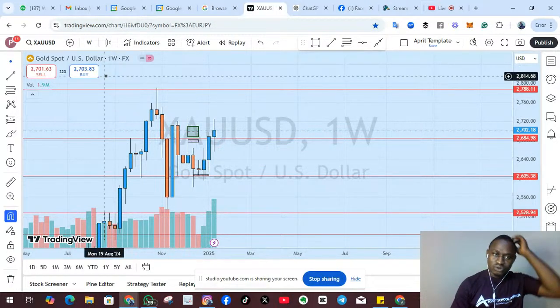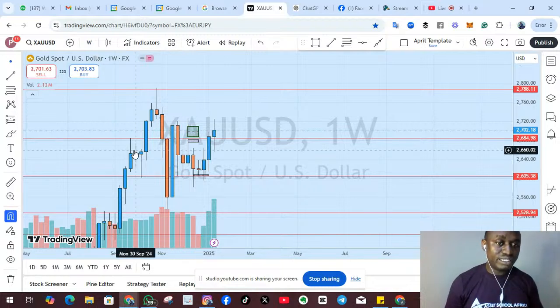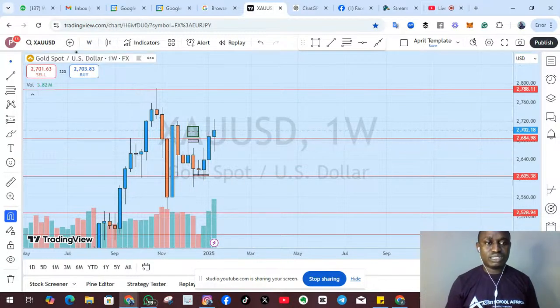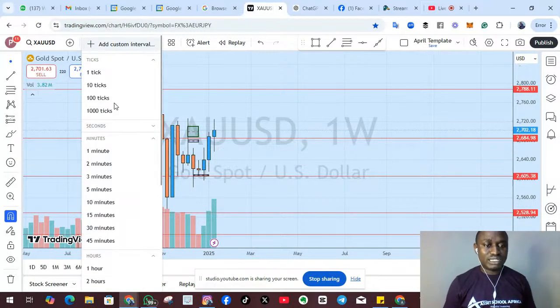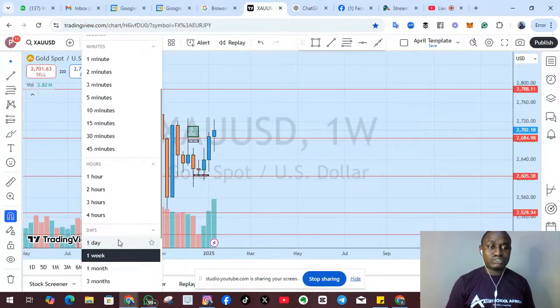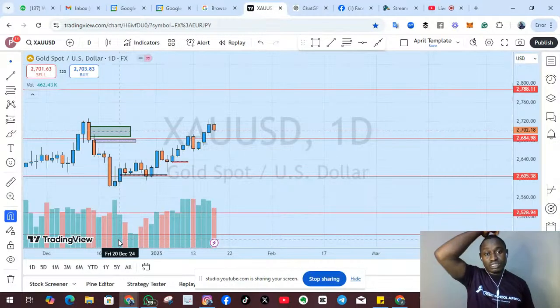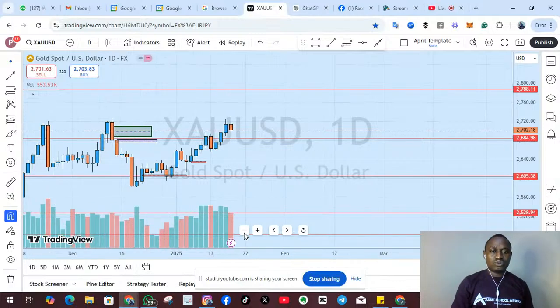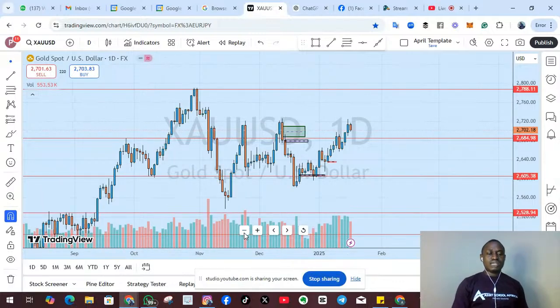So let's go a little bit down. Currently, if you look at this clearly, it's looking more like a bearish market than a bullish market. But since most of us are day traders, we cannot make any trade decision based on the monthly or the weekly time frame. So we are just going to go to the daily time frame and then the 4 hour time frame.